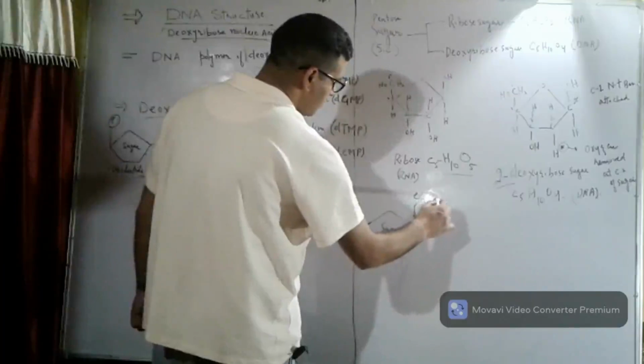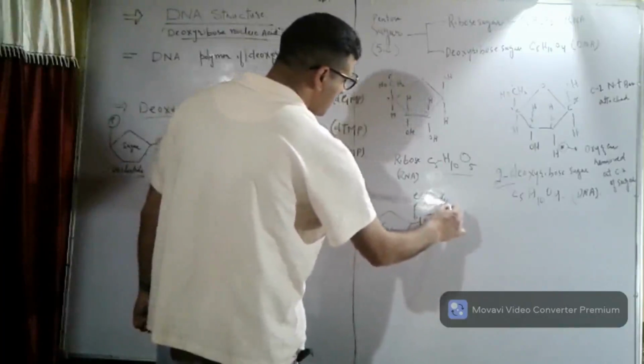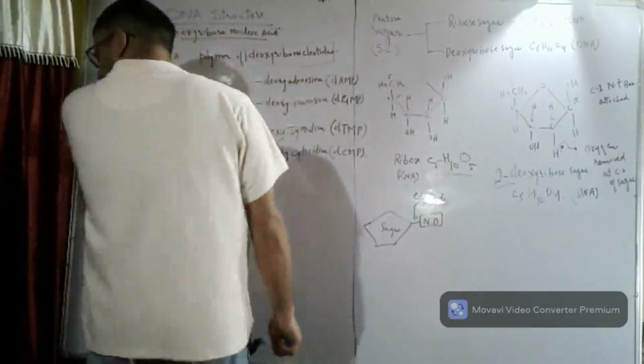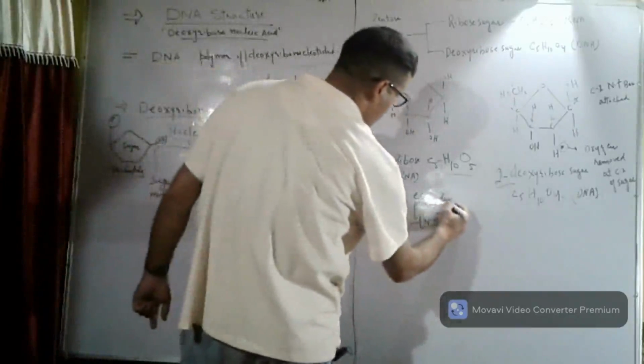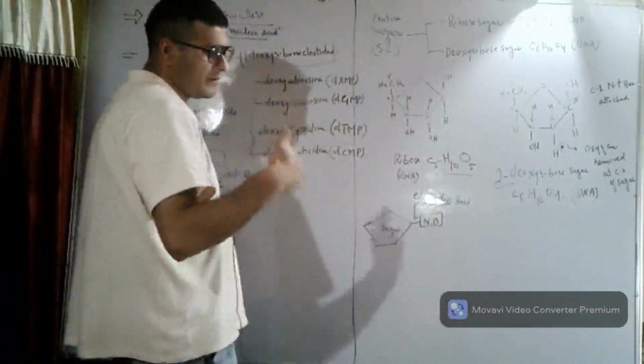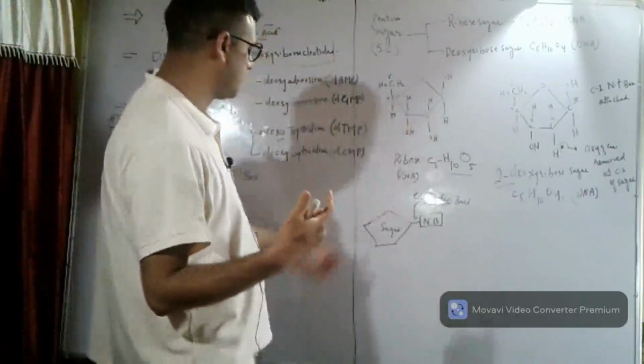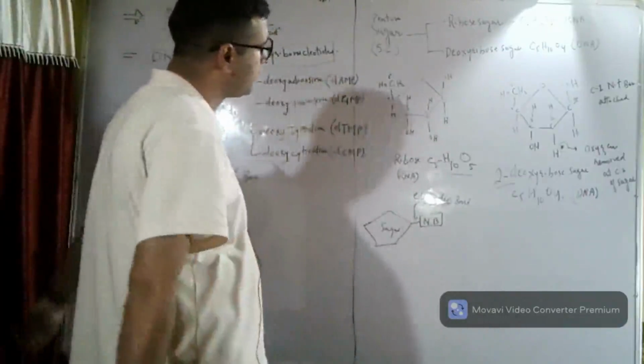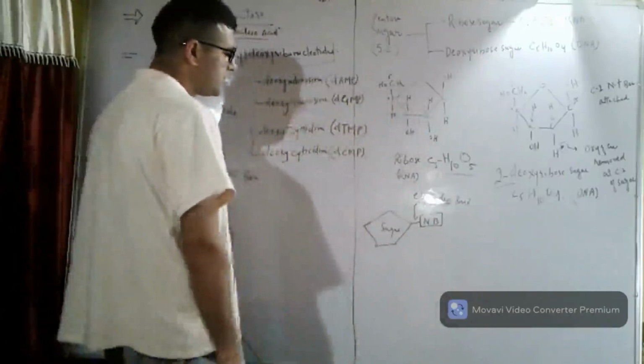Actually it is called as N-glycosidic bond. Why N? Nitrogen is a component of nitrogenous base, so we call it N-glycosidic bond.